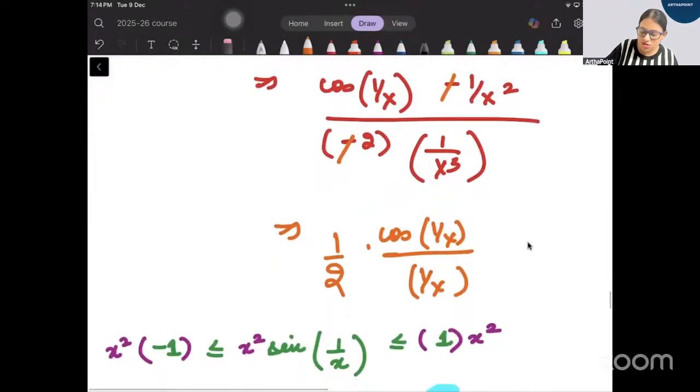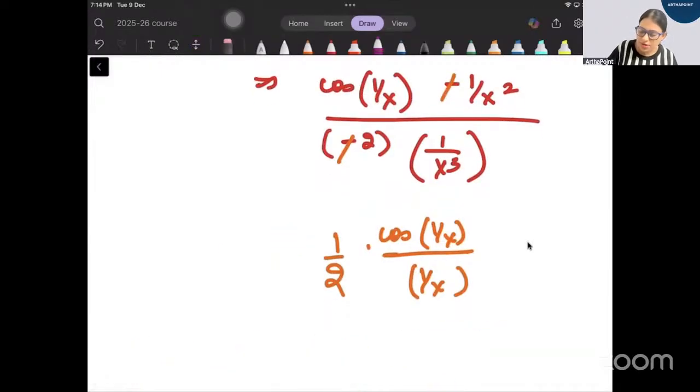Okay. And you can just apply limit x tends to 0 on this one. Okay.